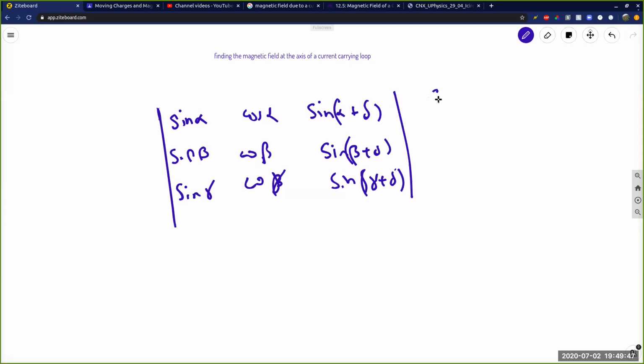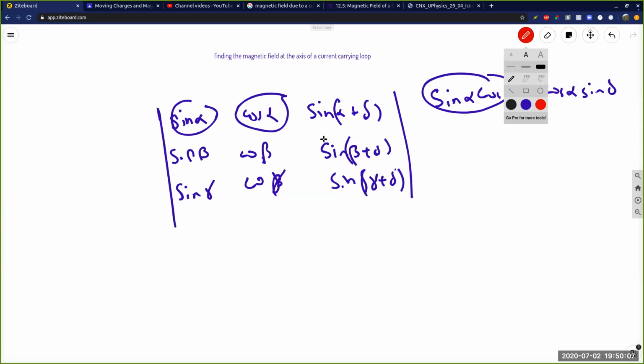So what they first did is expand sin(A plus B): sin alpha cos delta plus cos alpha sin delta, right? So you can separate the determinant then. You'll have one determinant in which these are there, and another determinant in which those are there.